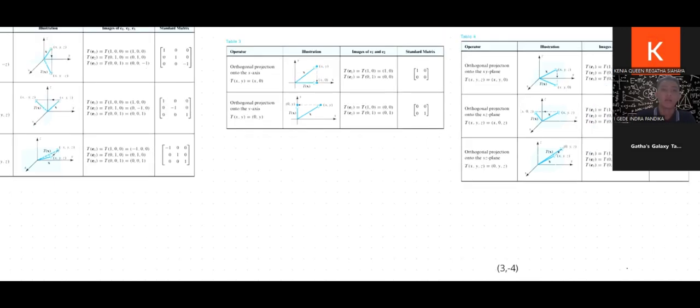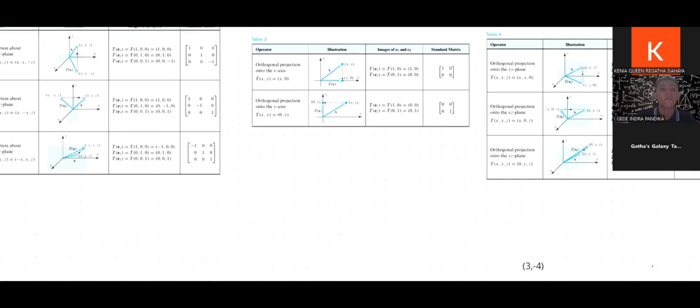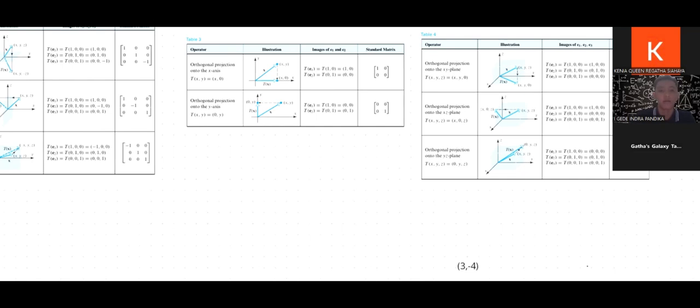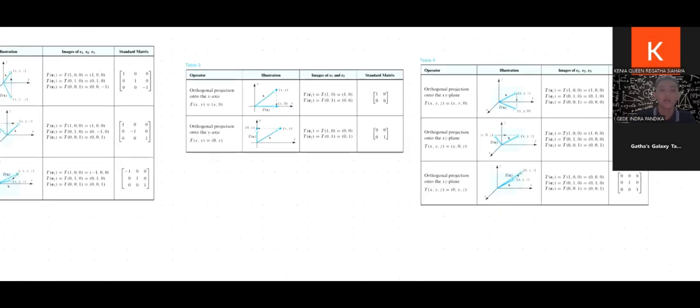We change the element of E1 from (1, 0, 0) to (-1, 0, 0). So the resulting matrix will be [-1 0 0; 0 1 0; 0 0 1].